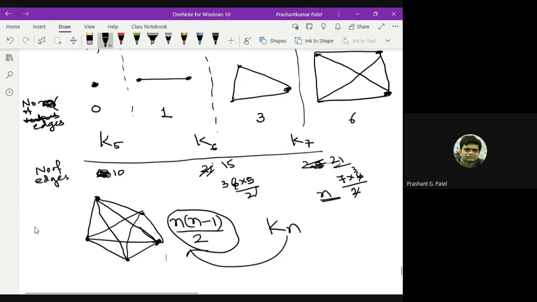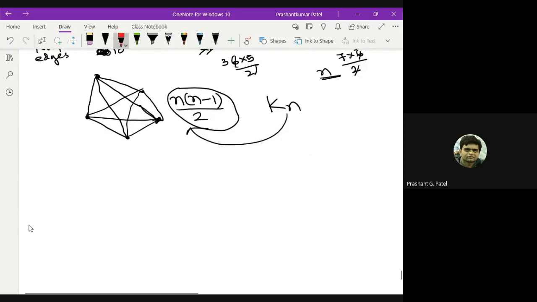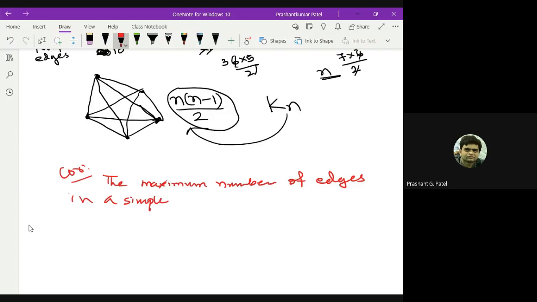Okay, so let me write this as a result. I can say it is a corollary that the maximum number of edges in a simple graph with n vertices is n into n minus 1 by 2.